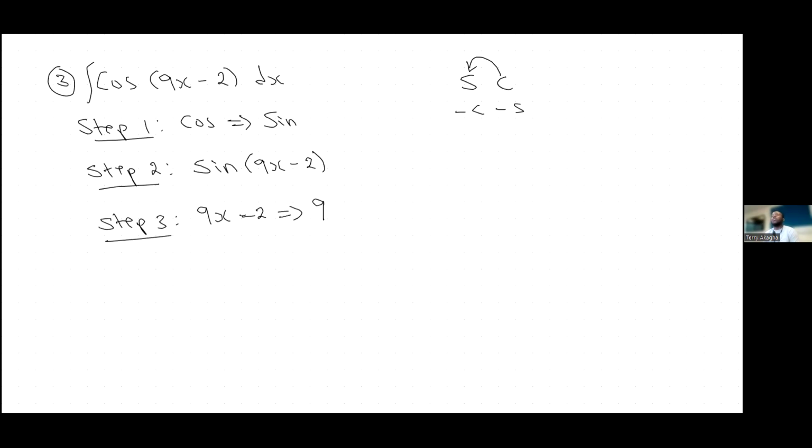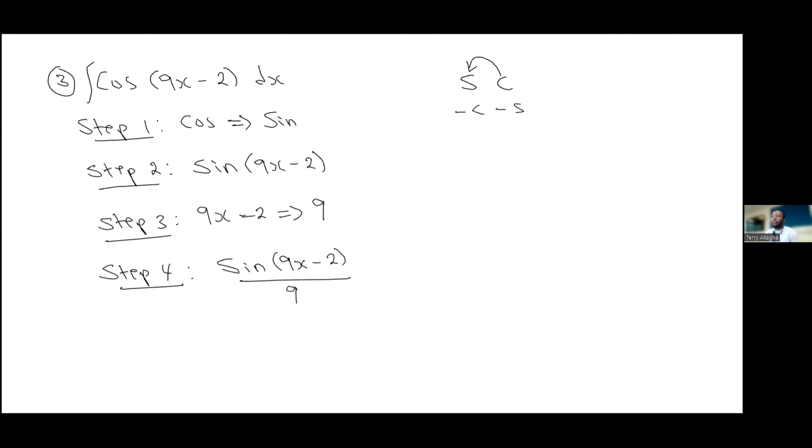So that means when you differentiate this, it's going to give us 9. Step 4, we then have to divide step 2 by step 3. So it's going to give us sine 9x minus 2 divided by 9.